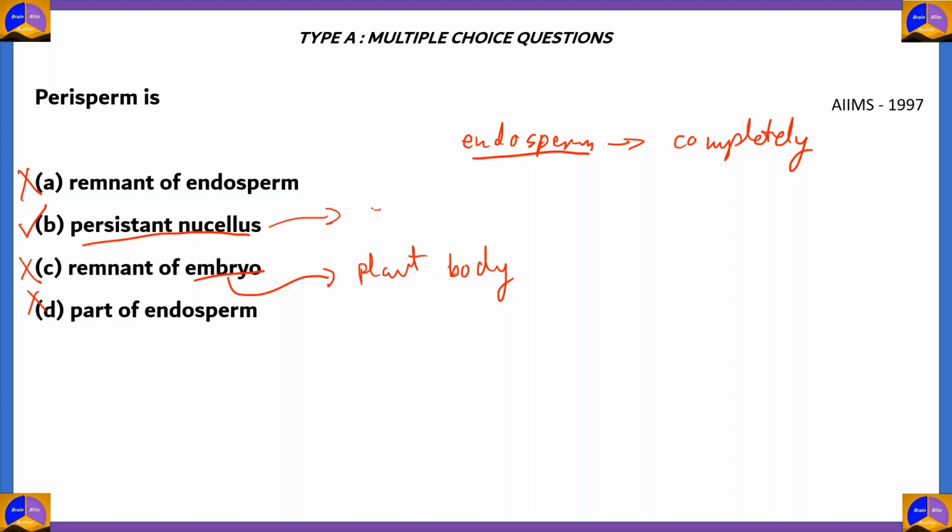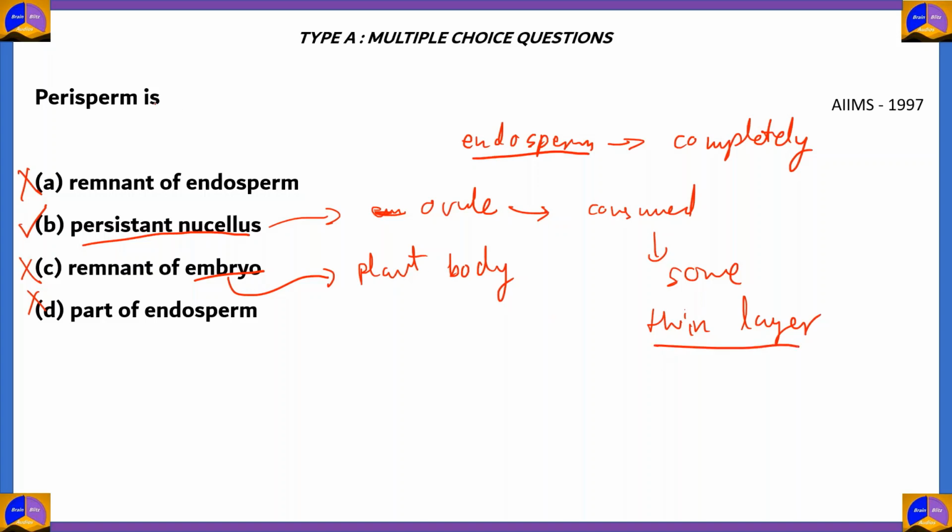Nucellus is found in the ovule of plants, and these usually get consumed, but some form a thin layer. So this thin layer is known as the perisperm. So the right answer is option B. Perisperm is persistent nucellus.